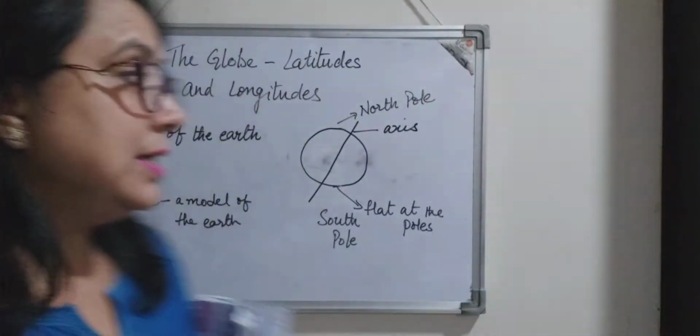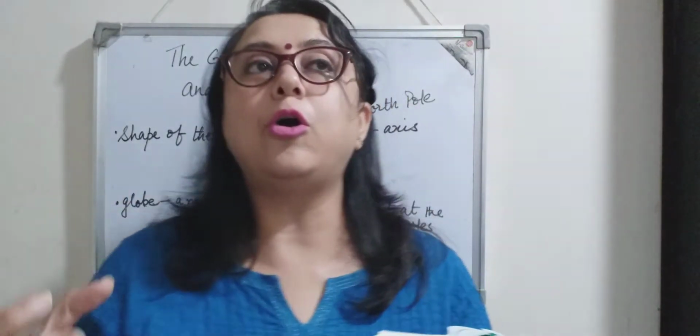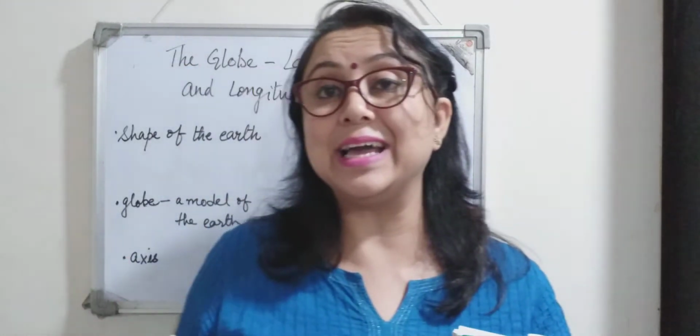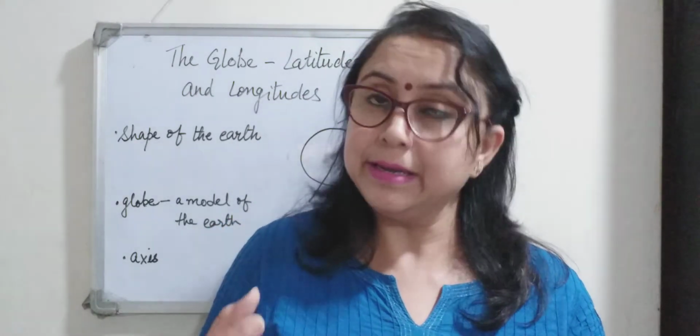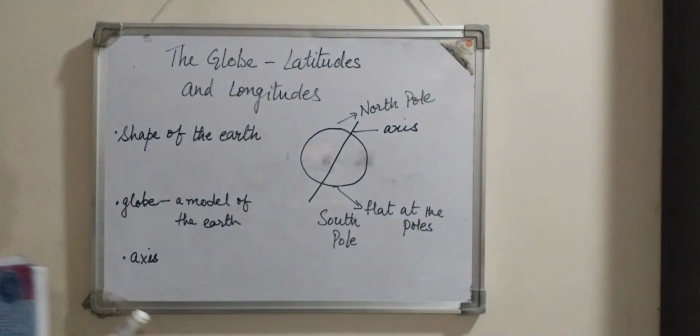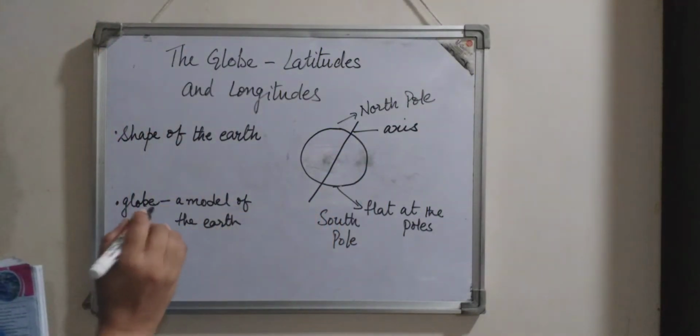Further, we have drawn various imaginary lines on the earth to locate places and to make our study easier and better, right? So let us first talk about the equator.